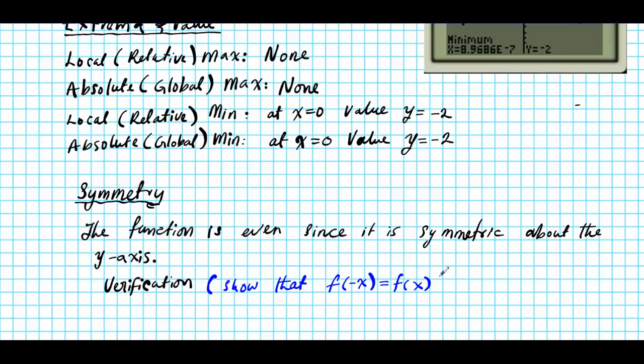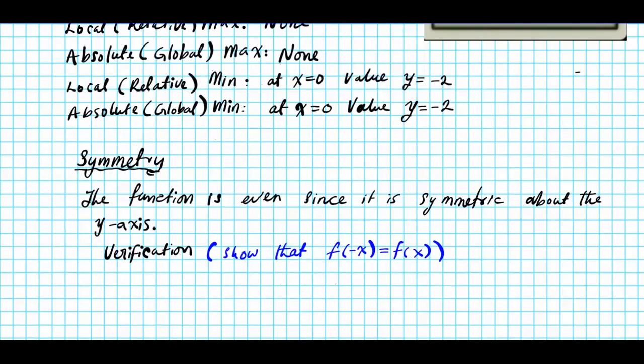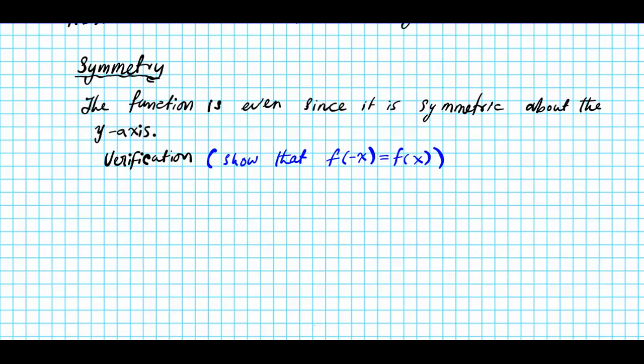So if you take all the x's in the function and replace with -x, and you simplify, you end up with exactly the same function that you started with. If that case holds, then you know for a certainty that your function is even.